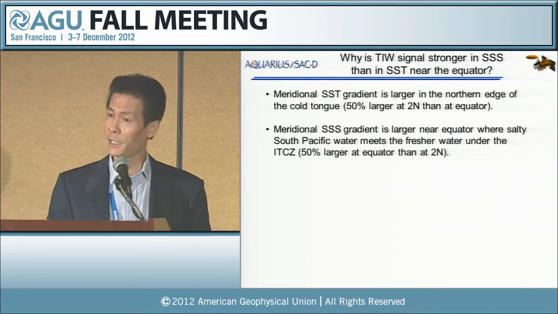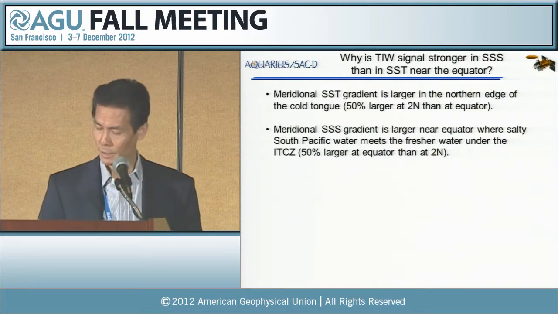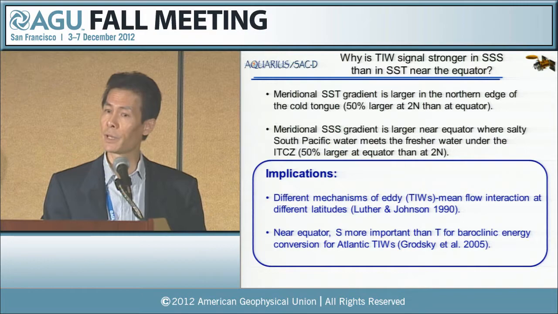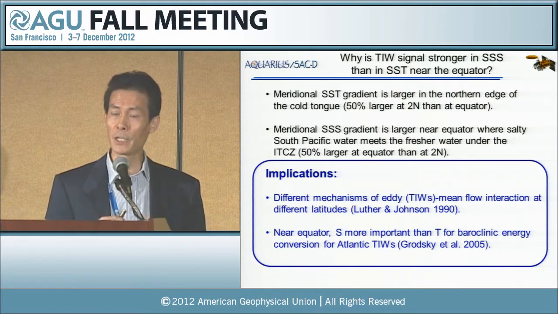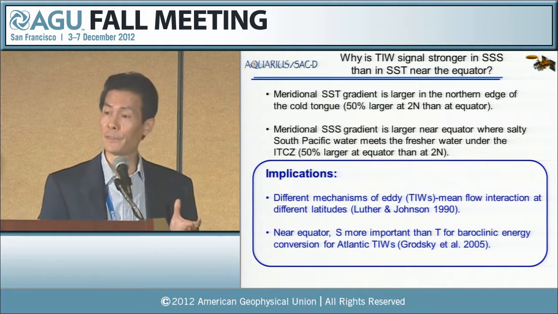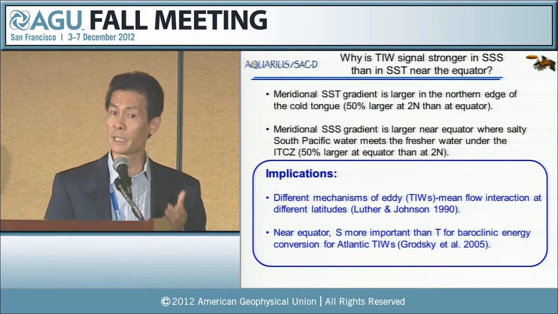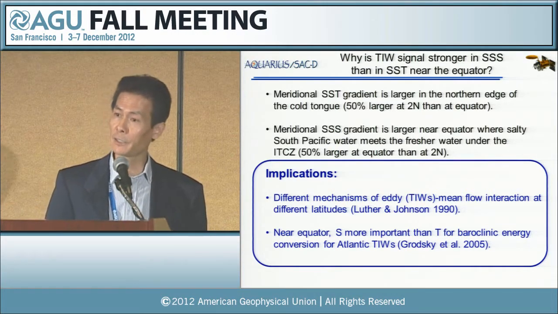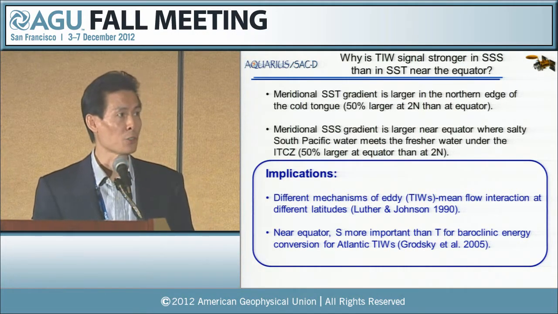So these actually have very important implications. Now, there have been studies showing that the instability mechanism, meaning the energy transfer between the eddy or TIW and the mean flow, is different at different latitudes, whether it's from mean kinetic to eddy potential energy, or eddy kinetic to mean kinetic energy.